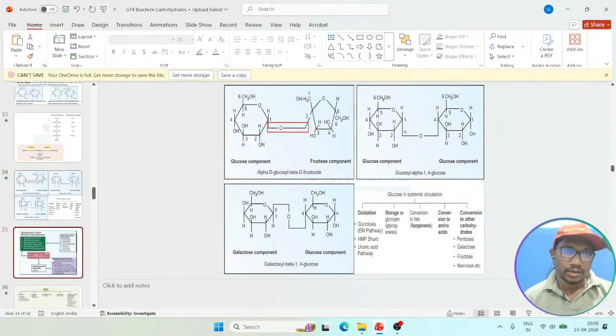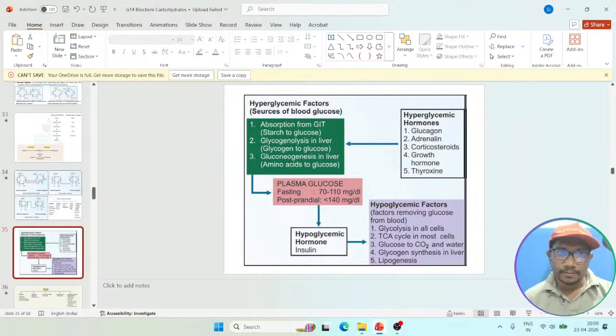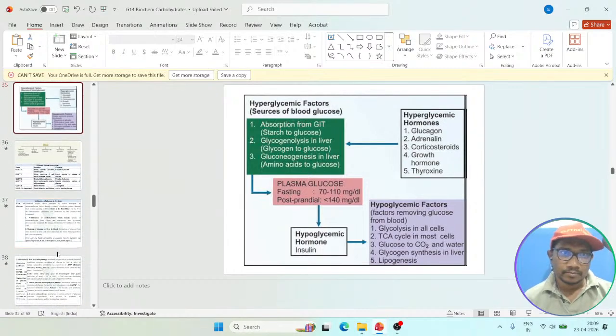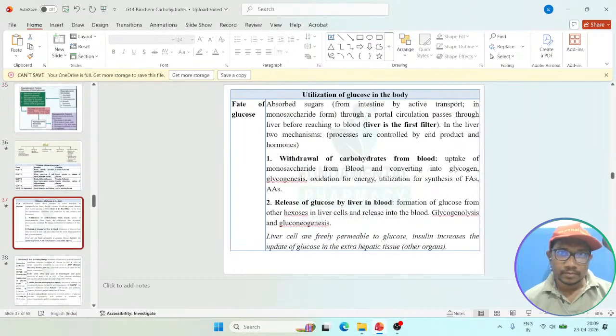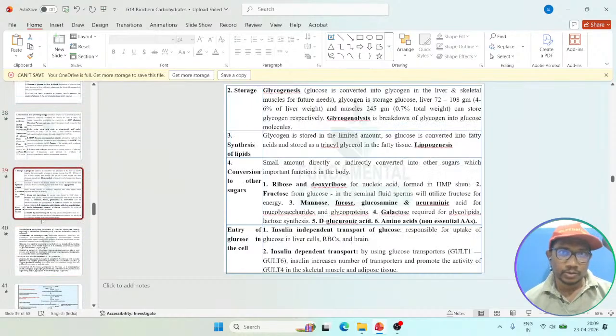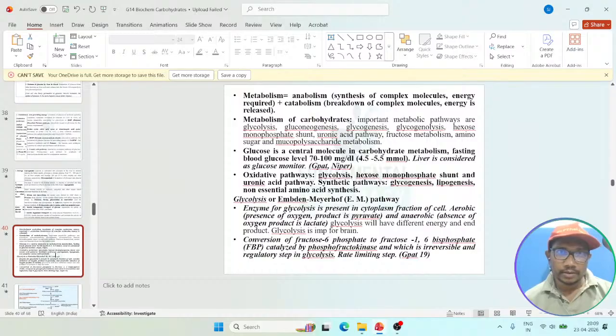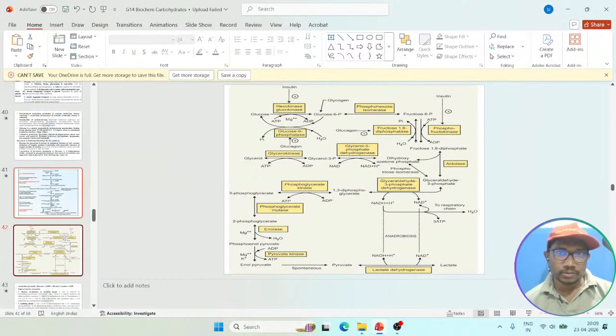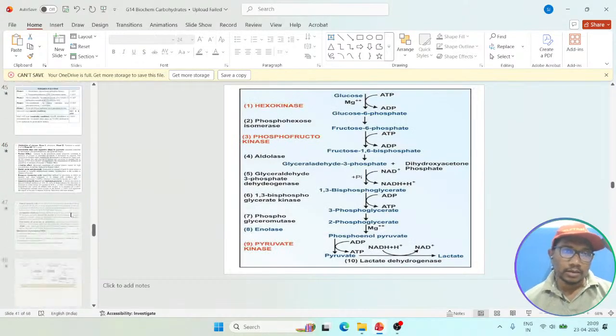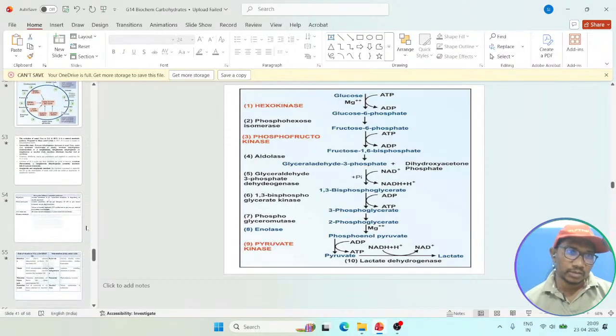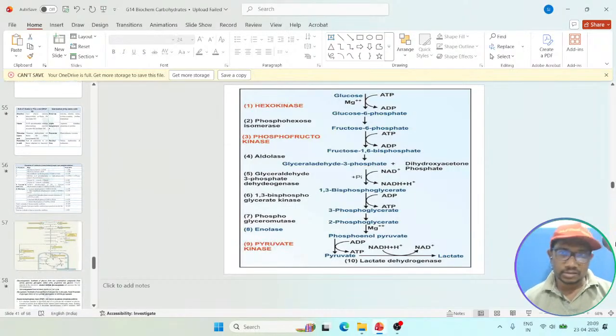After that we'll discuss the utilization of glucose in the body. Then we'll see the metabolism of glucose. After this metabolism is finished, antidiabetic drugs will start, so that you will easily understand.